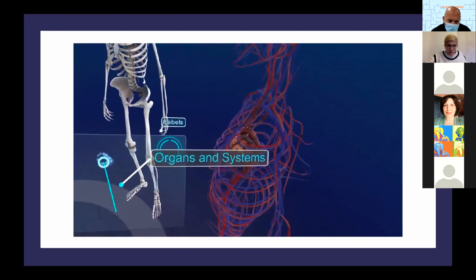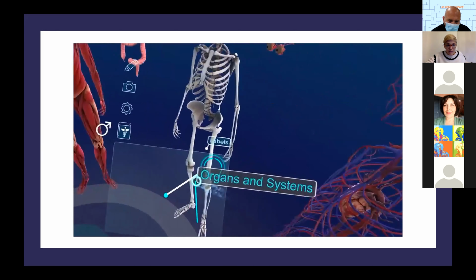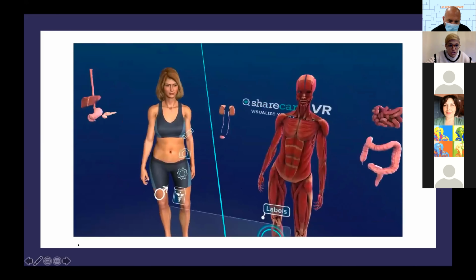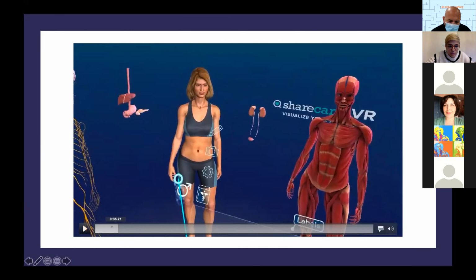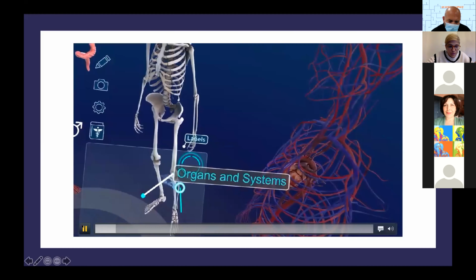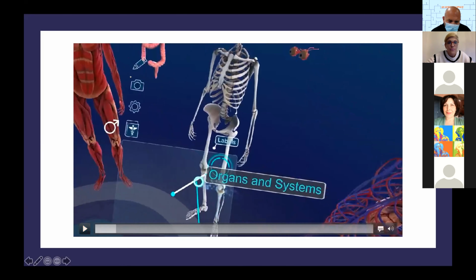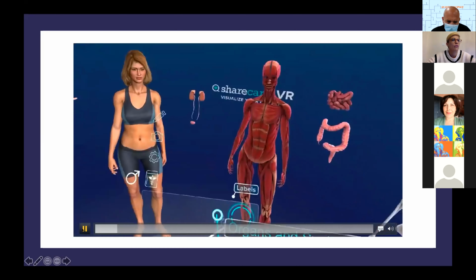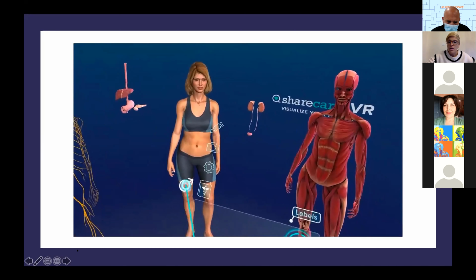And the menu there, which says organs and systems, gives you the chance here, to write something if you want and take a picture. So it's very interactive. Basically it's a 3D model of the human body.